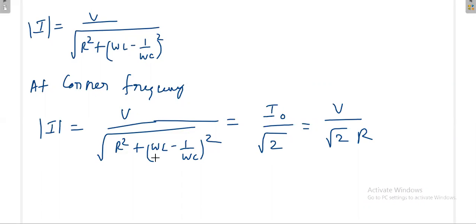Under this condition, once you relate these two and square both sides, R² plus (ωL minus 1/ωC) whole squared is equal to 2R². Proceeding further, finally you will get ωL minus 1/ωC equal to plus R or minus R. Now at corner frequency, we have two corner frequencies, one at ω equal to ω₁ and another at ω equal to ω₂.